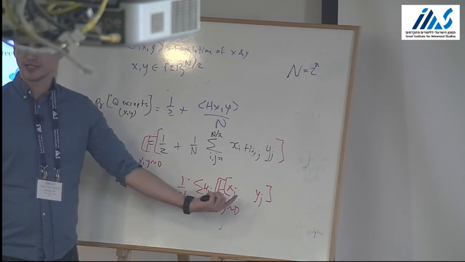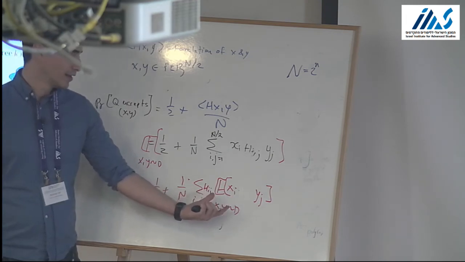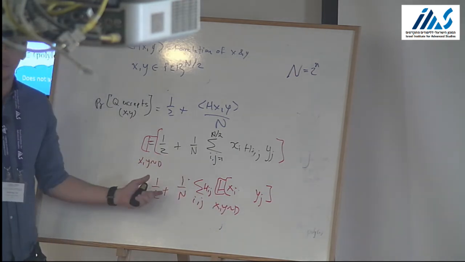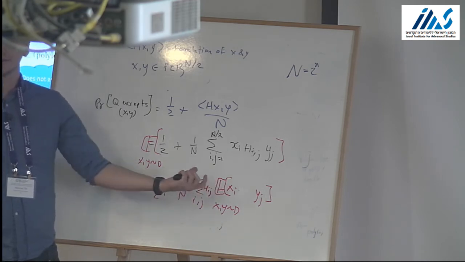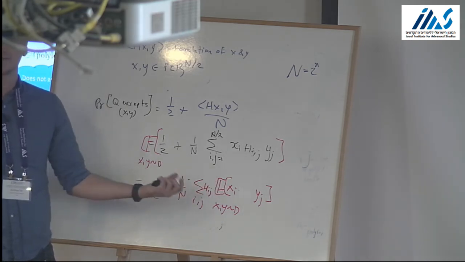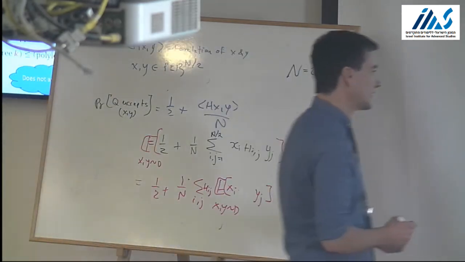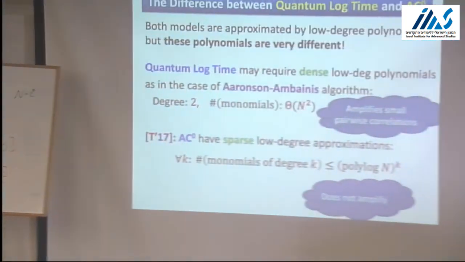We said that the correlation is roughly h_ij, so roughly 1 over square root n. The only reason that this sum is big is because we have many terms. If we had like 7 terms, we would accumulate only 7 times 1 over square root n. So this is intuitively why we have to be dense to notice the difference between D and U.